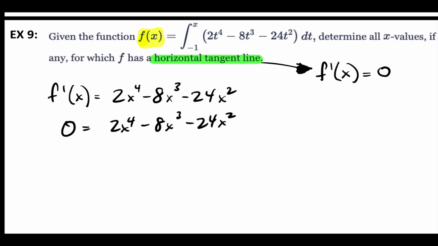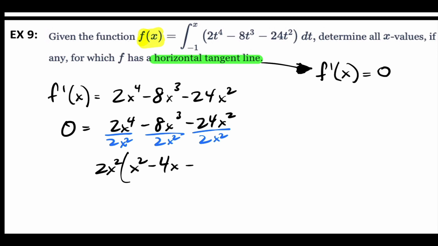Done. Second thing is factor out. Is there a GCF between all 3 terms? Yeah, I can divide them by 2 and x squared, good. So I have 2x squared, and then I have x squared minus 4x minus 12.